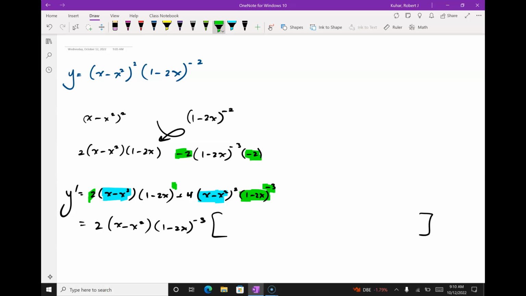So there's how many powers of 1 minus 2x left? How many? 4? Yes, 4. Oh, that's horrible. Plus 2 times x minus x squared.